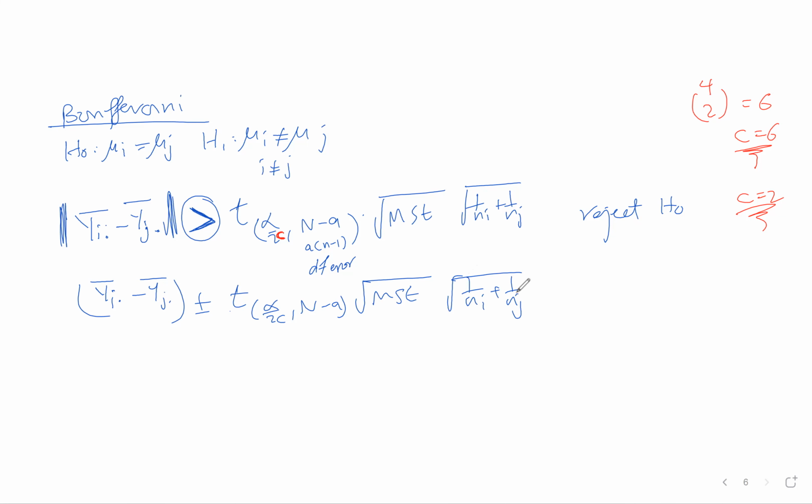This is the confidence interval for mu i minus mu j at some significance level.